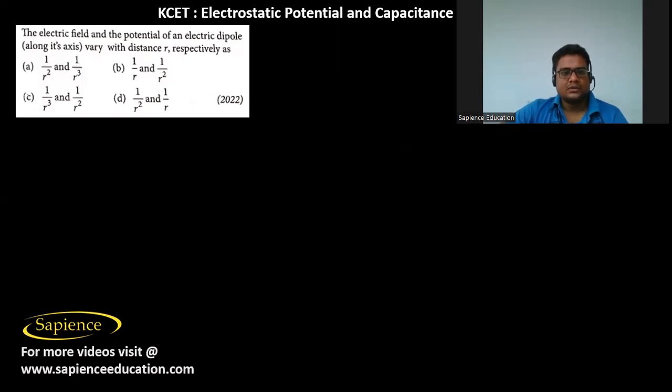Then here it is told the electric field and potential of an electric dipole. We have an electric dipole, minus q plus q. Its separation is 2a. So here p is equal to q into 2a, as we know, it is the dipole moment.